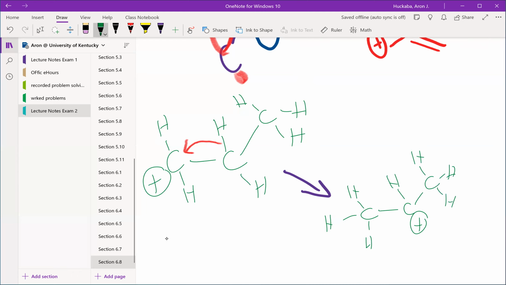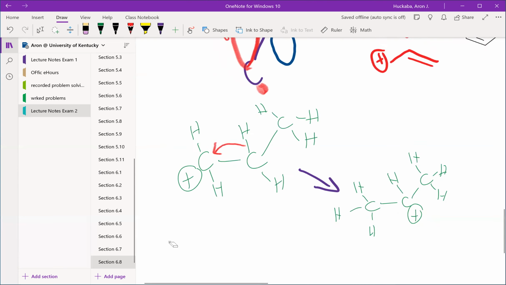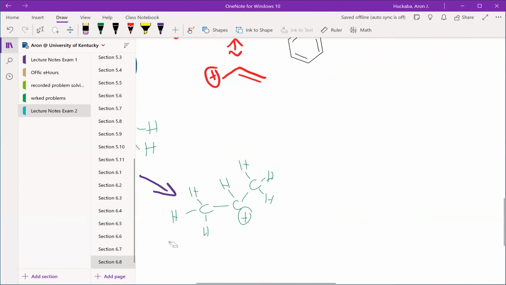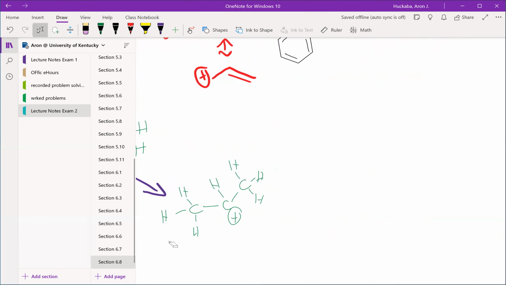The stability increase is so large, basically as soon as it can, like within an extreme fraction of a second, this rearrangement will occur. And in fact, if you tried to make this molecule on the left, you would only find the molecule on the right when you went to look for the molecule on the left. And the rearrangements can happen in a lot of different ways because they will happen if they can.